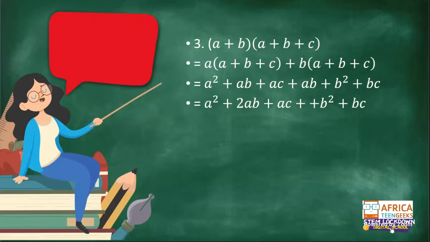But sir, please don't move the slide. All right. I'll just explain that thereafter you collect the like terms, and then the like terms are A, B, and AB. And once you have added them together, they will give you 2AB.